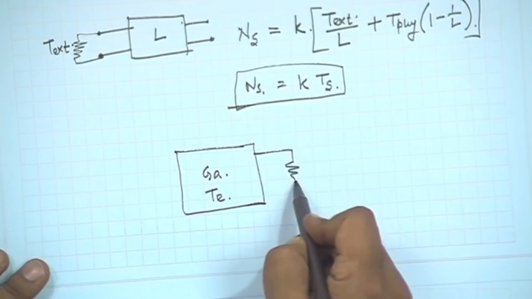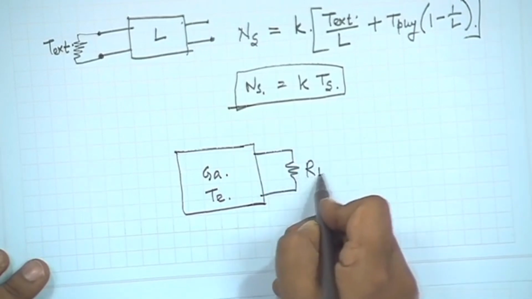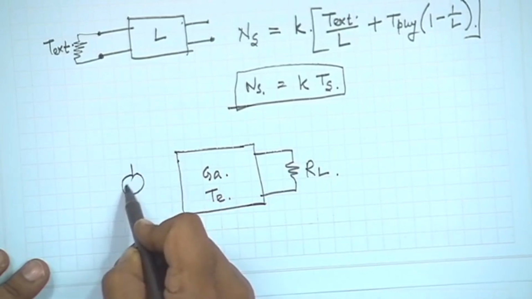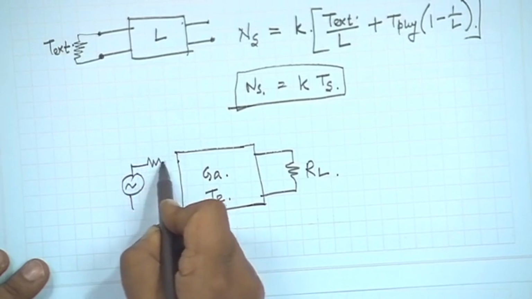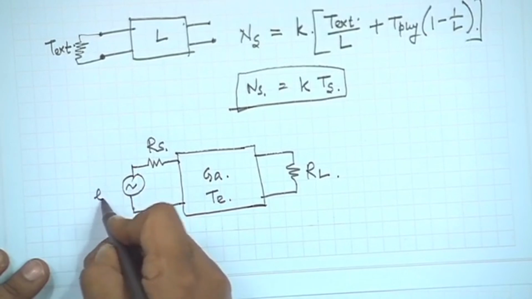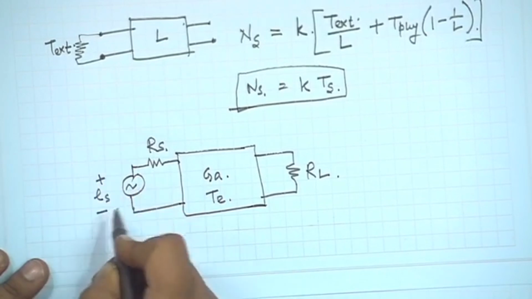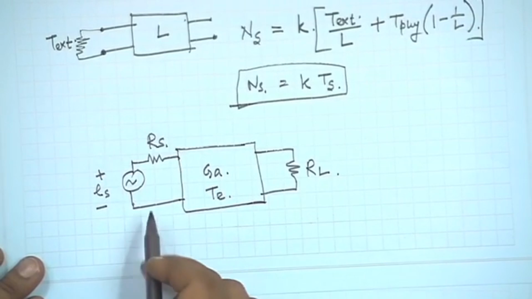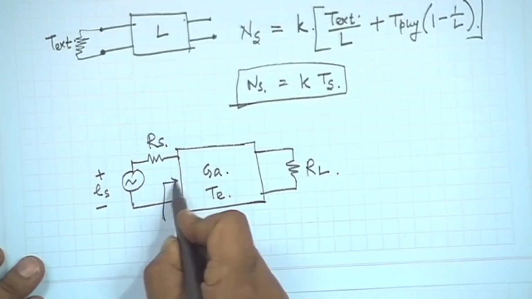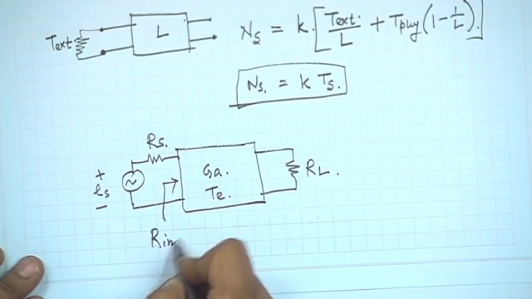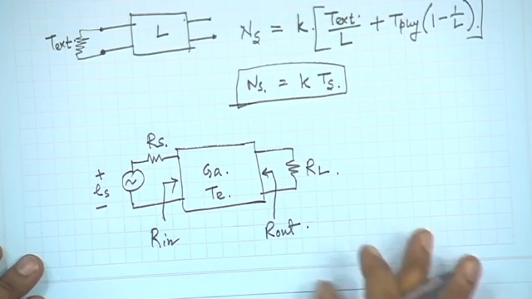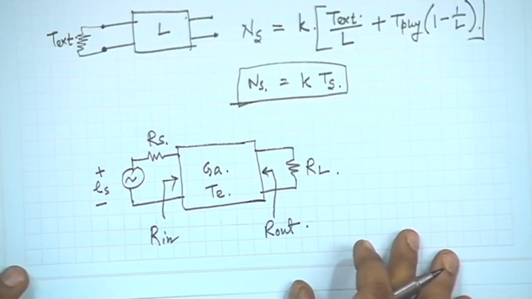Now, it is connected to some external resistance RL at the right hand side, and the left hand side is connected to a source of internal resistance RS. If the source power is 0, the power incident from the left hand side is only the noise power. Also, the input and output resistances are given for the amplifier.